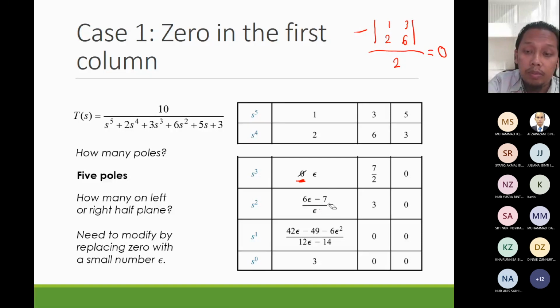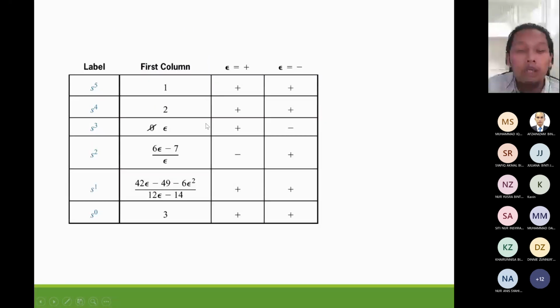That's why we replace the value 0 with a small number, epsilon. Then you can continue calculating as usual. After that, we need to determine how many sign changes there are in the first column.